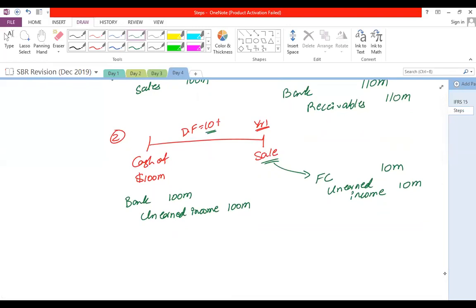So that additional goods which we will be delivering is the interest expense. So first we record the finance cost, and then the unearned income should be debited by 10 million and the revenue should be credited by 10 million.